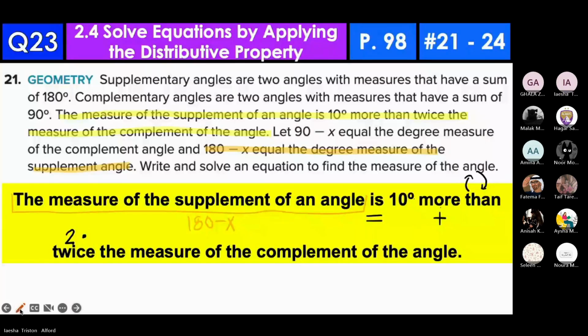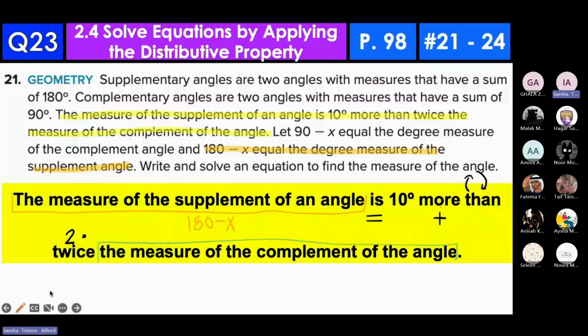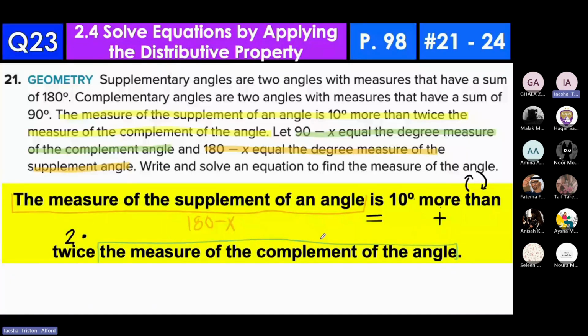Okay. And then we have the measure of the complement of the angle. So you have to go back to the writing and read a little bit more. 90 subtract x is equal to the measure of the complement angle. So the complement angle is 90 subtract x.